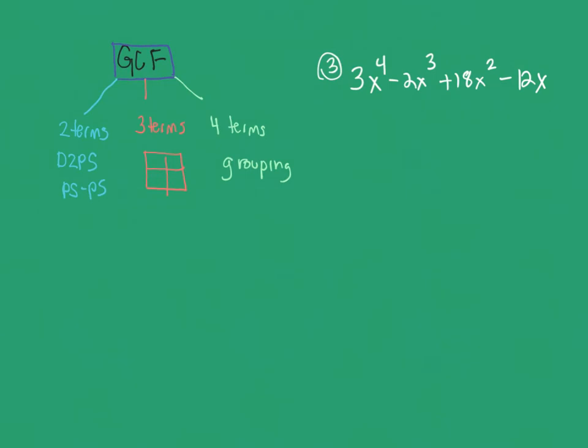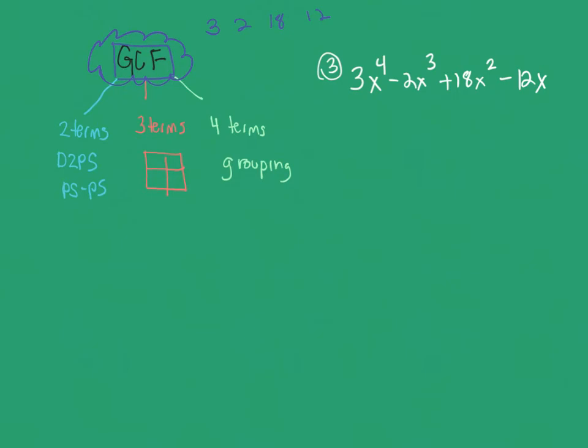The next one here, we have 3x to the 4th minus 2x to the 3rd plus 18x squared minus 12x. So I am starting, like always, by looking for, is there a GCF? So I'm looking at 3, 2, 18, and 12.